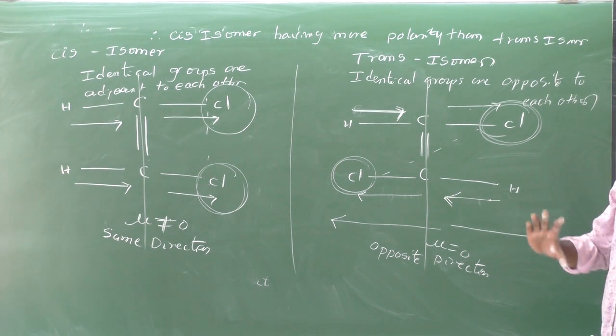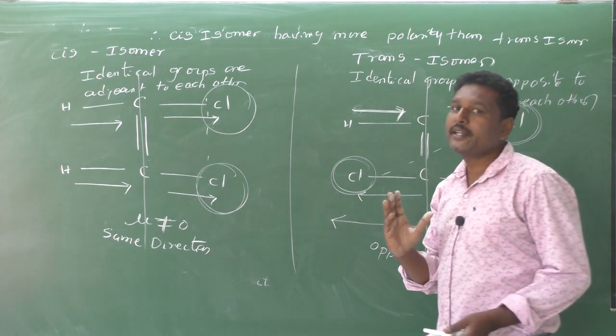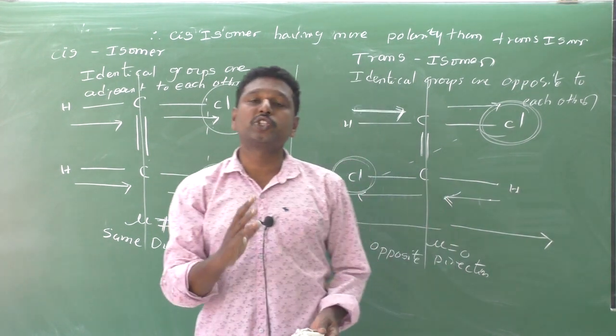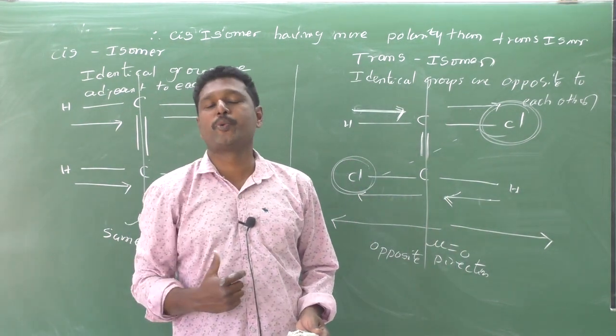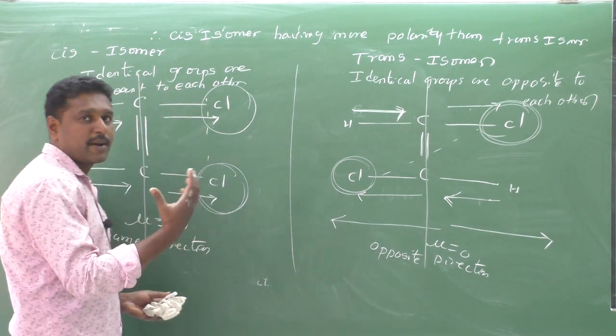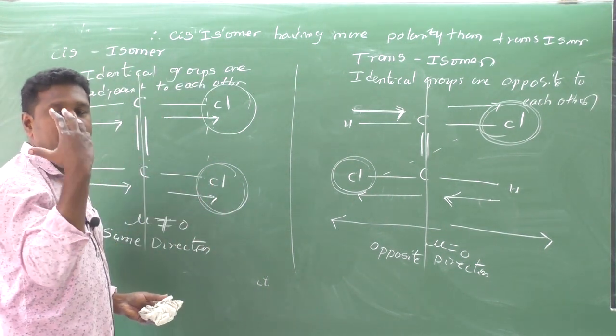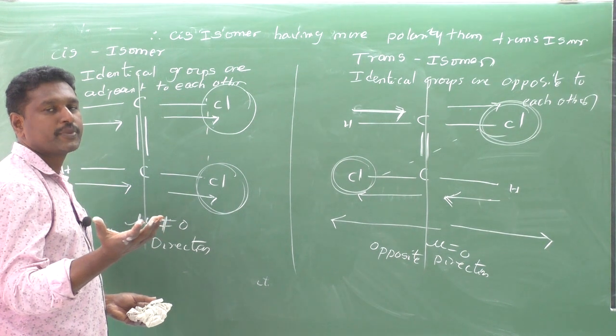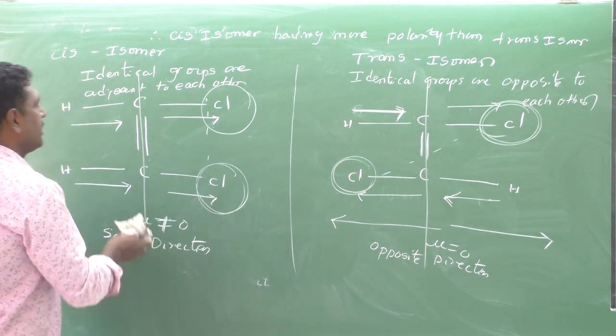After that, we will compare the dipole moments of ortho, meta, para isomers. We will compare which one has more polarity. So I will explain here.